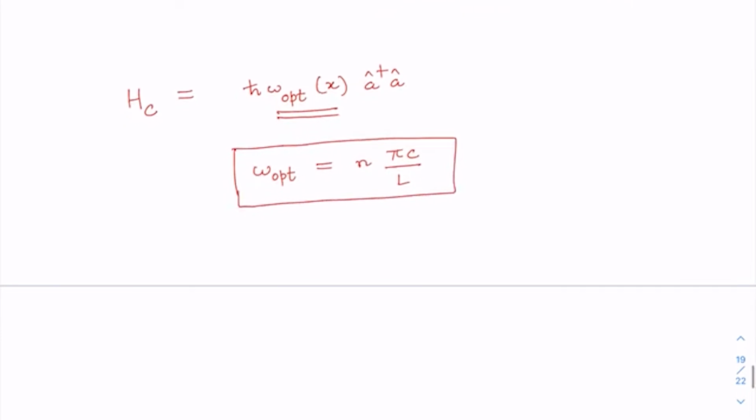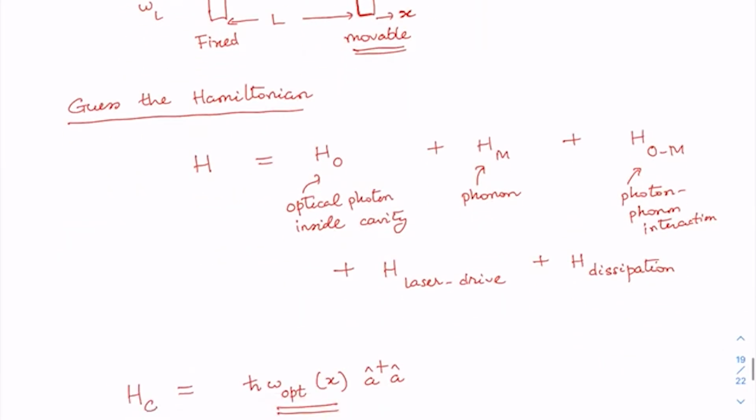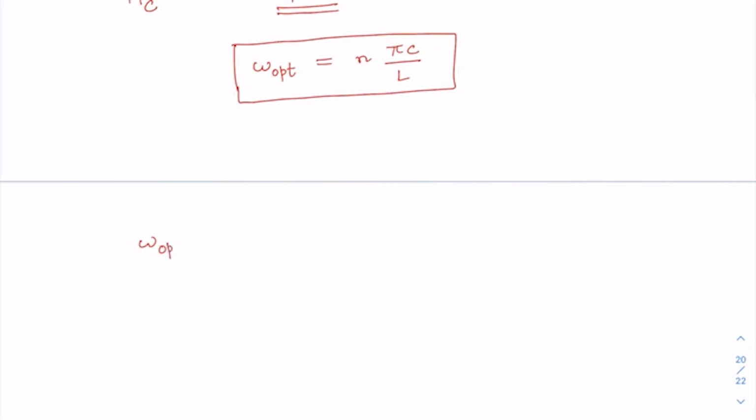Now due to the small displacement of this movable mirror, omega opt is a function of x, and I can write it as n pi c divided by L plus x. If I expand it, because x is very small, I can write this quantity as n pi c by L into 1 minus x by L.